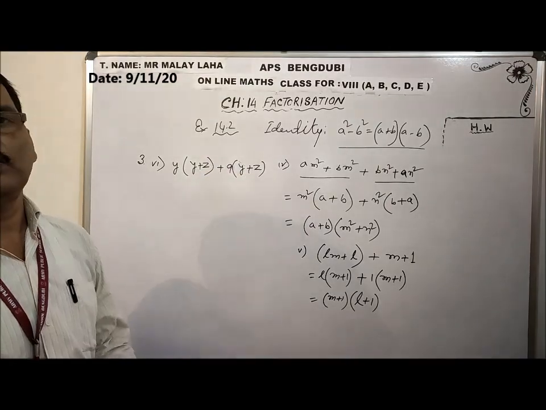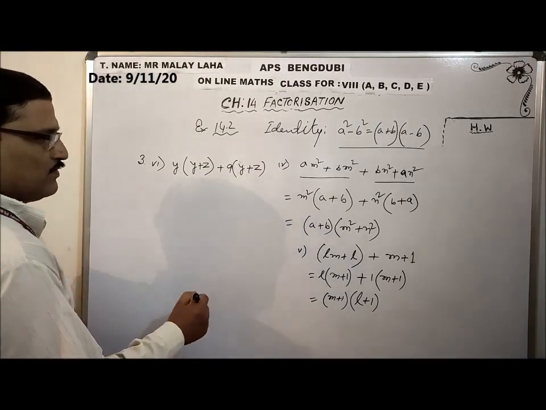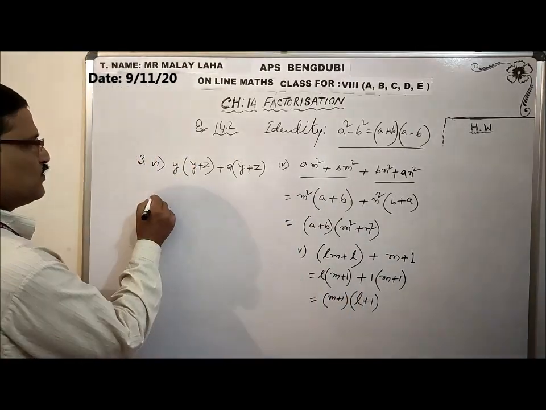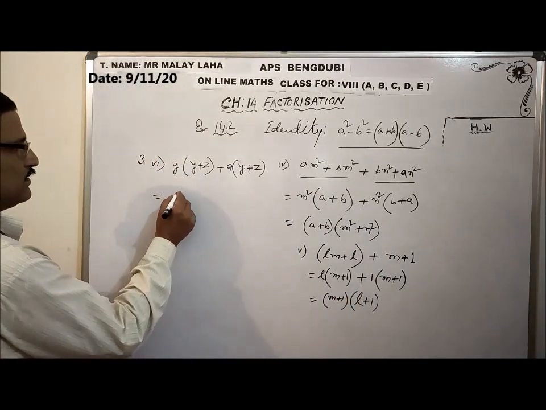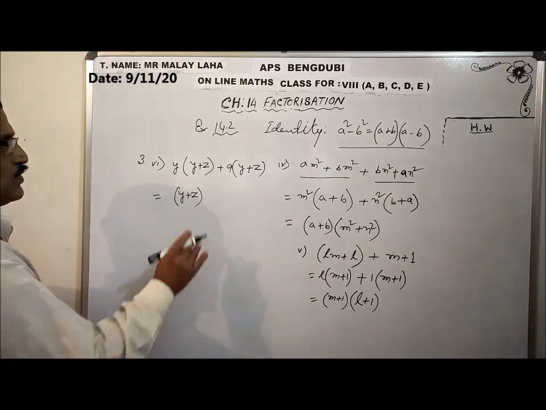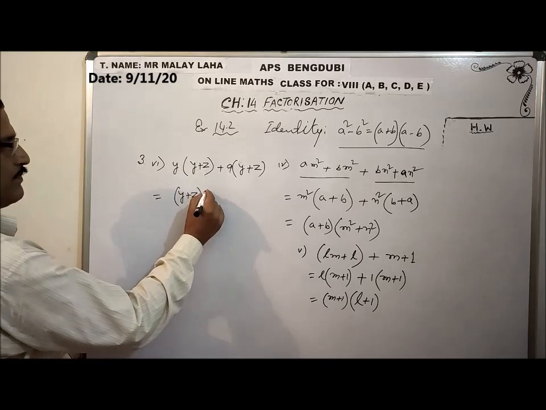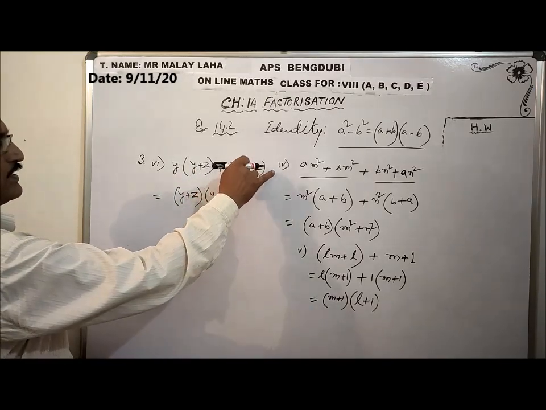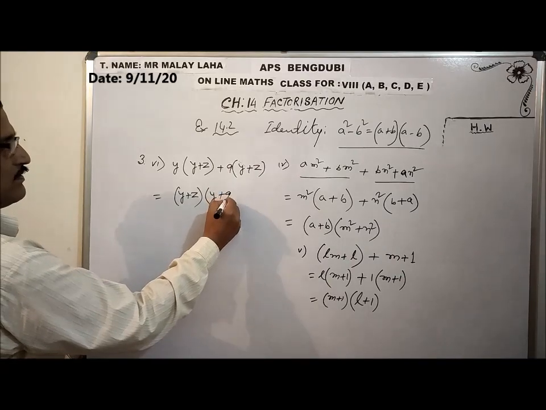So the overall common factor you have to start from there. Only you have to take common factor y plus z. So this one is out, y is left out. And here this y plus z is out, 9 is left out.